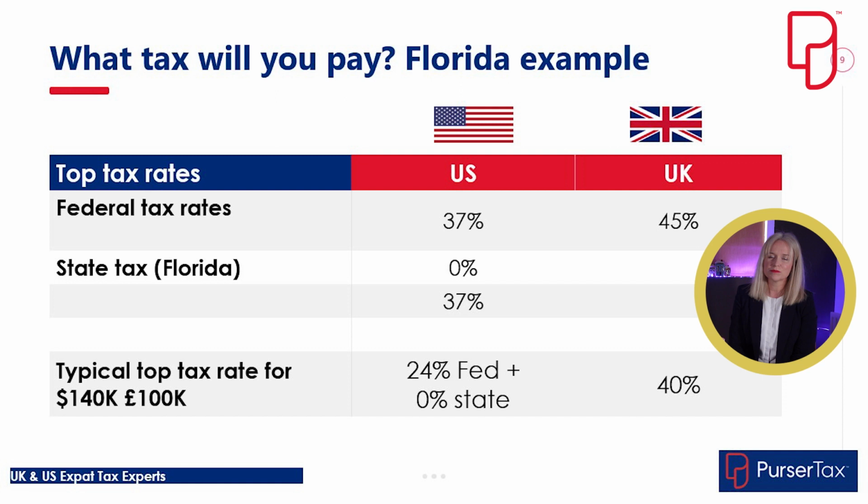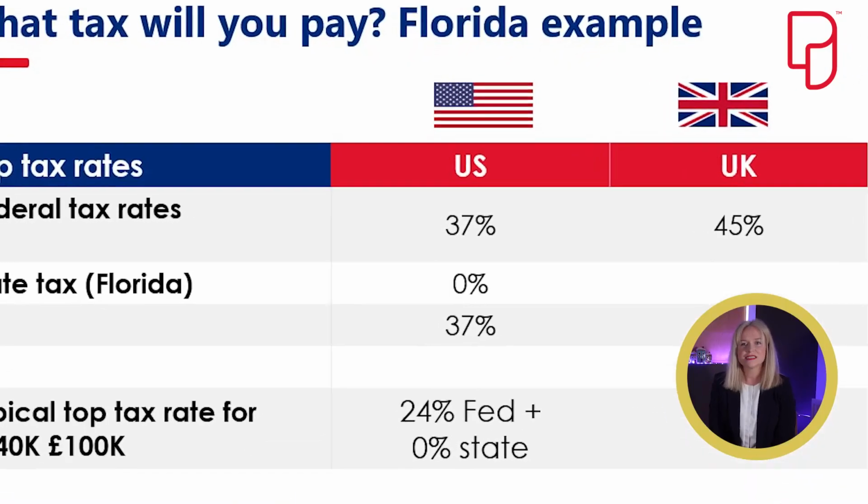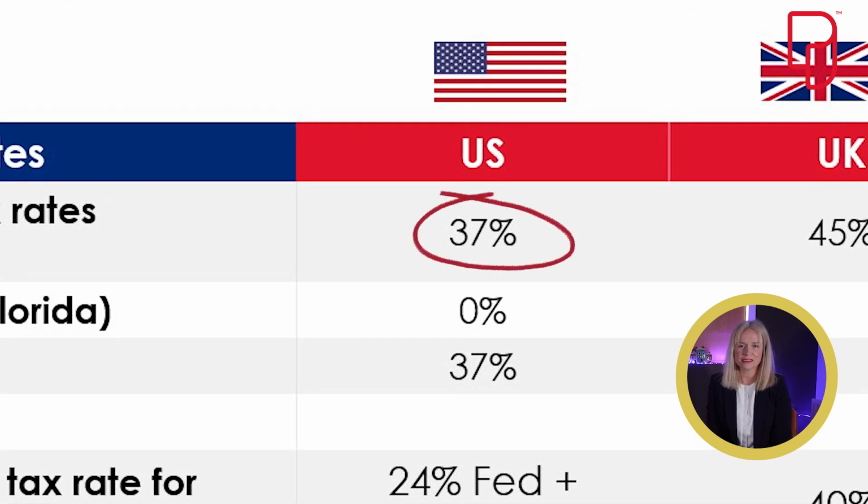So Louise, why don't we think about an example here of Florida? Okay, so let's have a look at Florida versus the UK. Now, the top line here is presenting the very highest rate of federal tax that you could pay based on taking the highest levels of income. In the federal rate, which of course applies across wherever you live in the US, the highest rate is 37%.